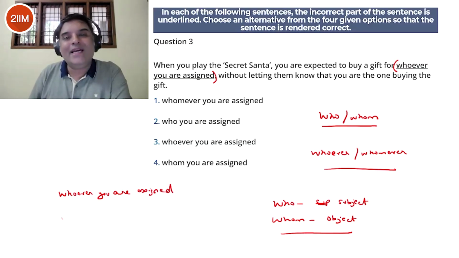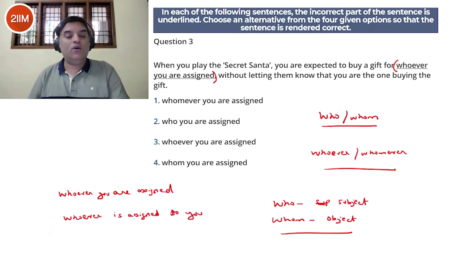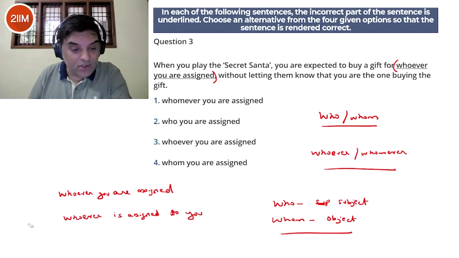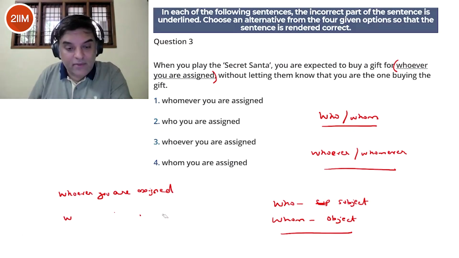Okay, this can also be written again, just to make it simple. This can also be written as whoever is assigned to you. Okay, one second. I'm going to try and make it clearer, because I think you'll have to understand my writing, which is a difficult task.